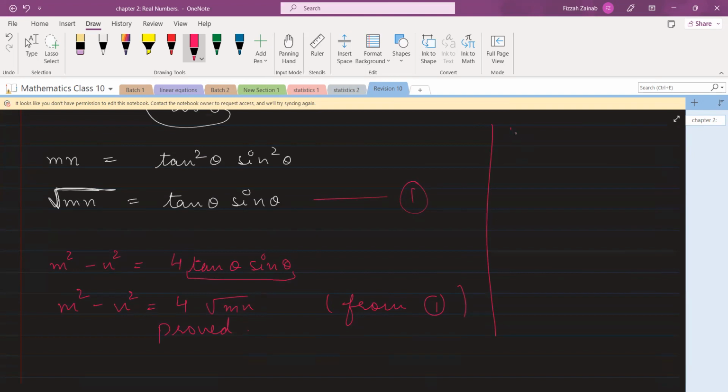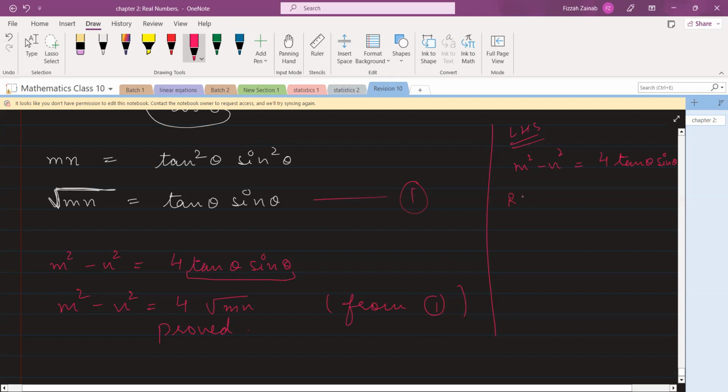You have solved LHS first of all. So you got m square minus n square, the answer was 4 tan theta into sine theta. Now you can solve your RHS also. Just put everything here and solve. You will get the same thing. And if you want to avoid the square root in every term, you can separately find the value of m into n first. Then you can find this. You will again get this. So anyway, you can proceed.